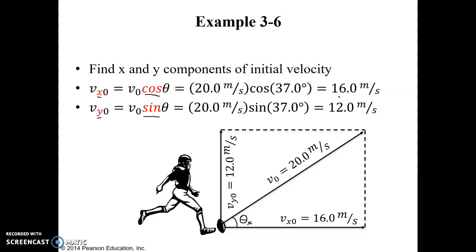That gives us 16. So that's the initial x component of the velocity. And we have 20 meters per second times sine of 37. That's going to give us the vertical component of that velocity. So now that we know the x velocity and the y velocity, now we can deal with them separately.